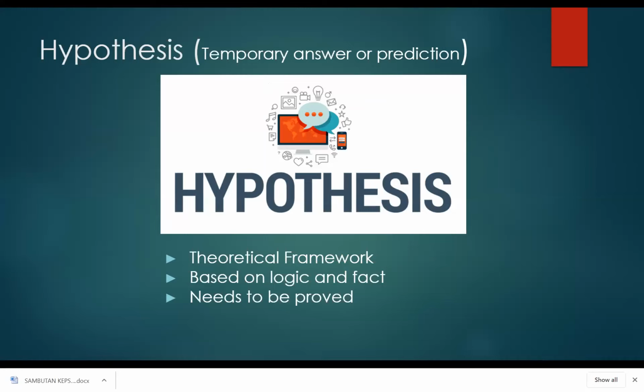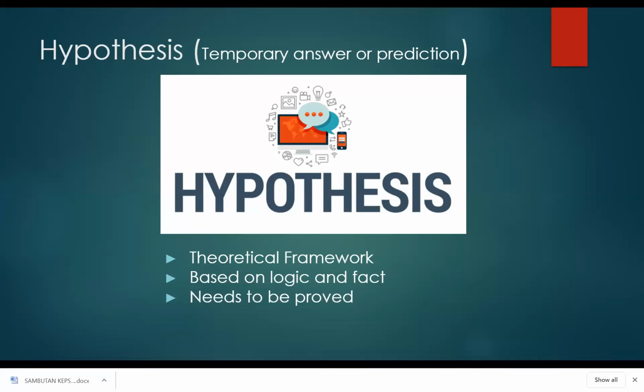As we know, before we formulate a hypothesis, first you have to think about the theoretical framework of the thing that you observe. After that, the hypothesis will be proved by the experiment. We talked much about experiment last meeting. We talked about variables, the things that you have to know in conducting an experiment. So that's all about the hypothesis that we learned last week.